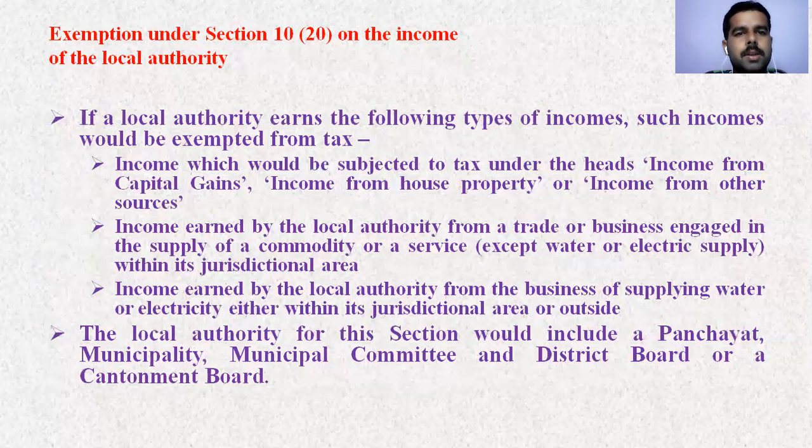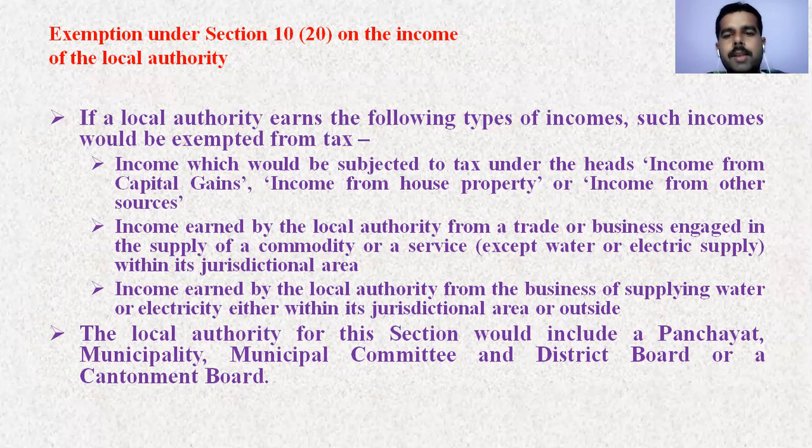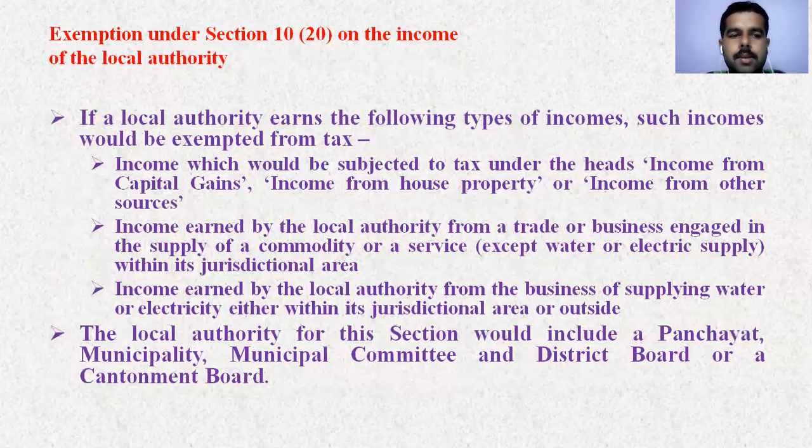Okay, the next one, exemption under section 10(20) on the income of a local authority. If a local authority earns the following types of income, such income would be exempted from tax. Income which would be subject to tax under the heads income from capital gains, income from house property, income from other sources. Under these heads, we get income earned by the local authority from a trade or business engaged in the supply of a commodity or a service, except water or electric supply within its jurisdictional area.